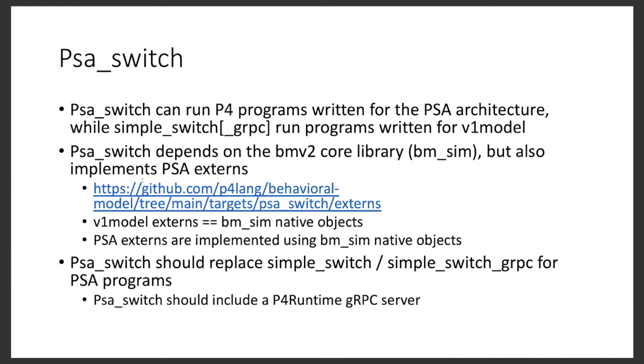Now, unlike for simple switch and V1 model, where the externs are going to be implemented natively by the BMSIM library, by the core library, for PSA, you kind of have to implement those externs directly yourself in C++ as part of the PSA Switch code.